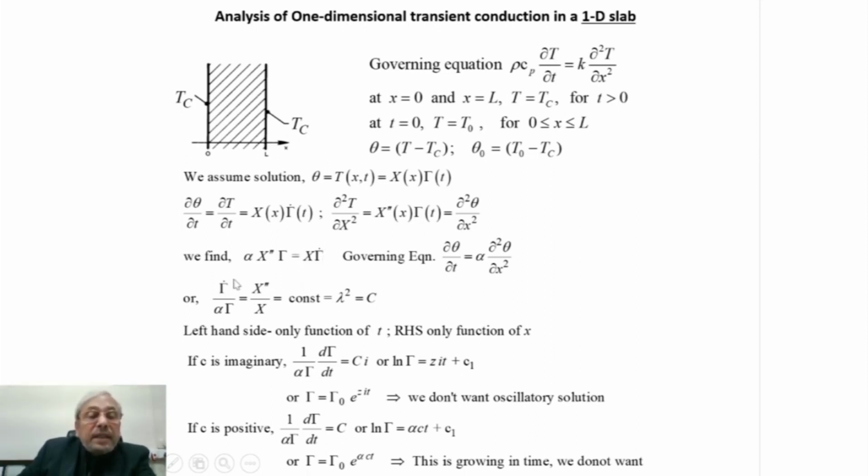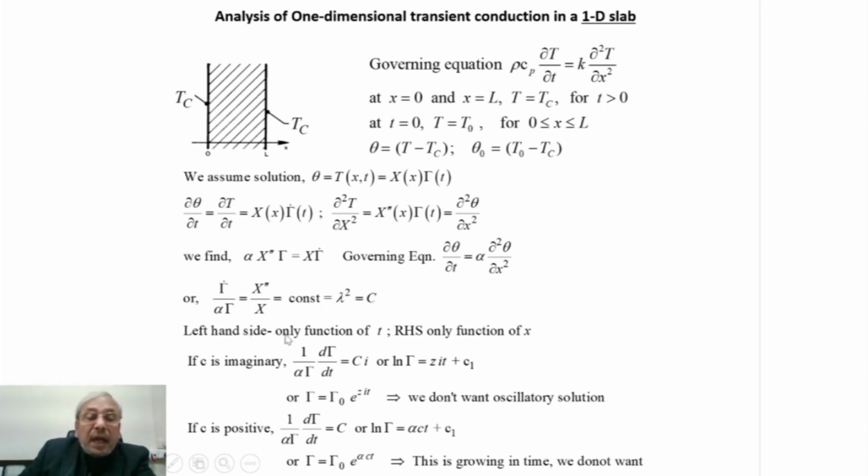So we can rearrange: gamma dot divided by alpha into gamma equal to X double prime by X, typical separation of variables, and this is equal to, we can say, lambda square or C, the separation constant.